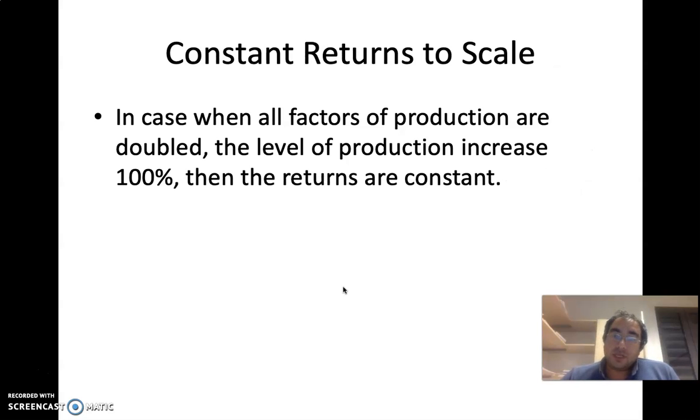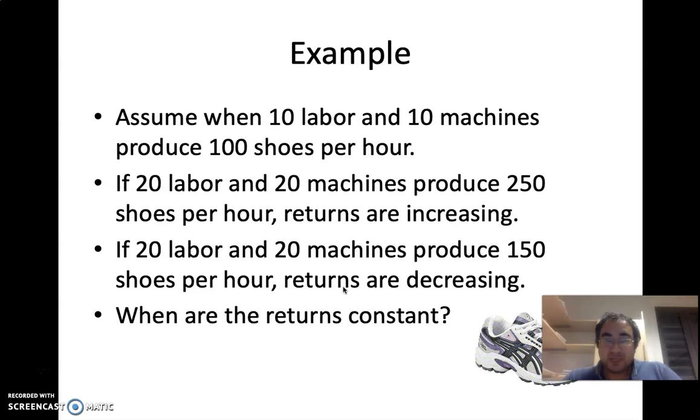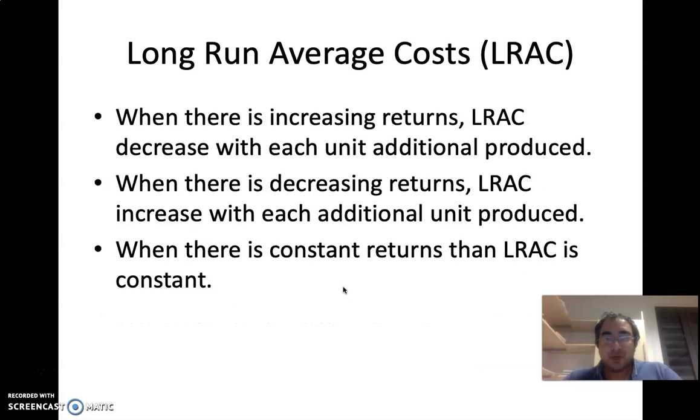And constant returns to scale means when you double your factors of production, the production level also doubles, which means the initial 10 and the next 10 units will cost exactly the same when you increase your production level from 10 units to 20 units. Basically, you can see here the representations of these different returns to scale cases.